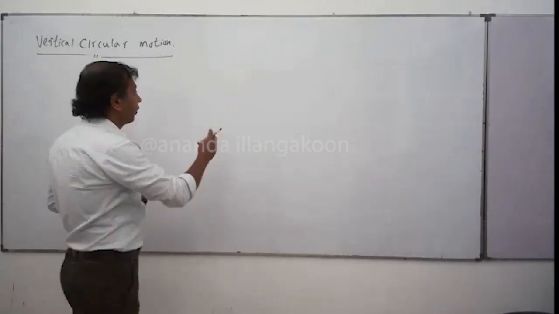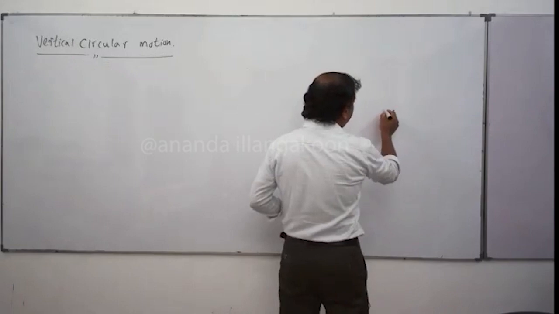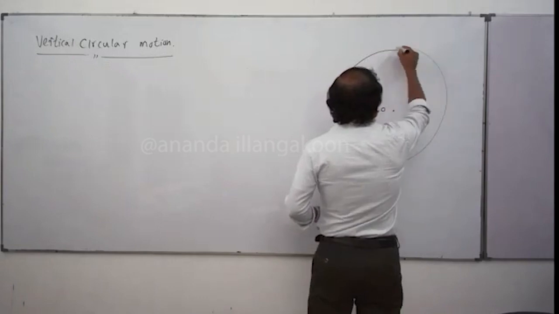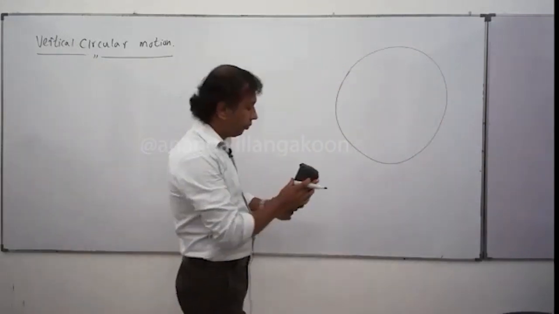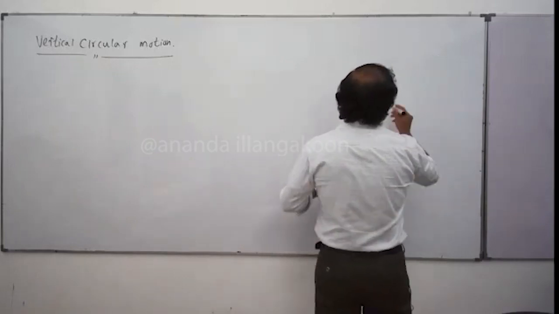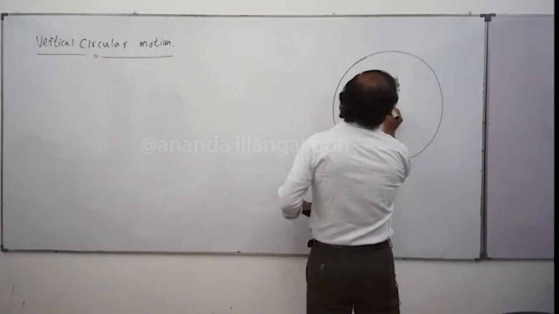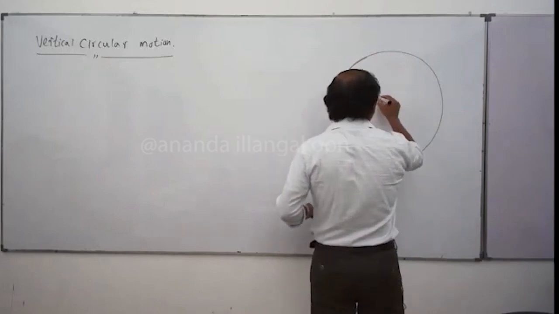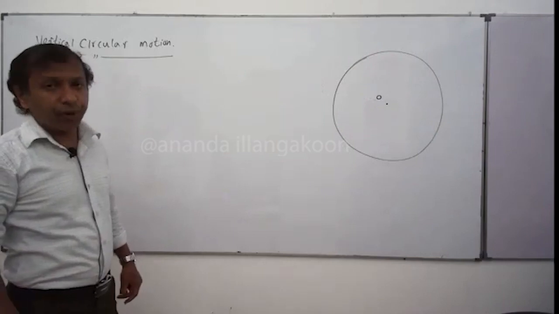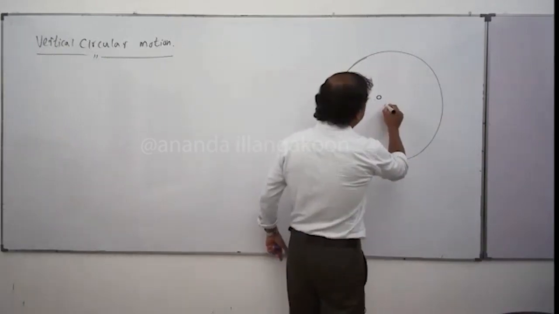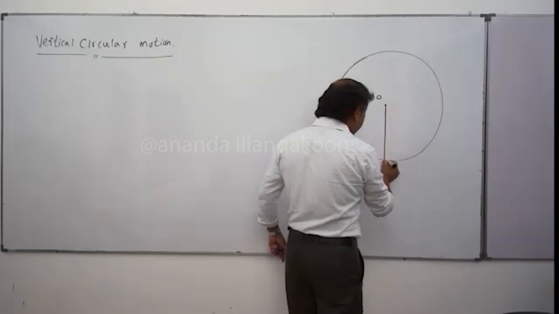Suppose we have a fixed point O. One end of a light inextensible string is joined to the point O. The other end is joined to a particle of mass m.